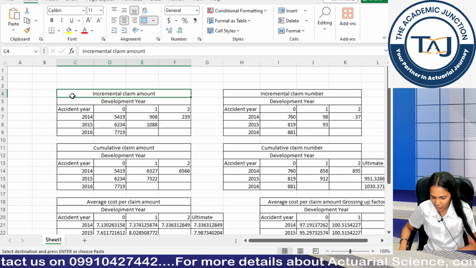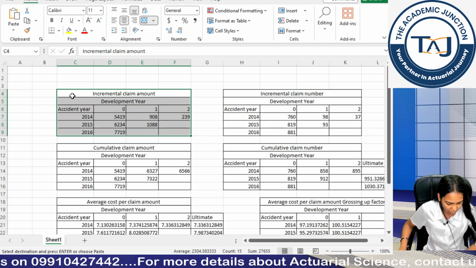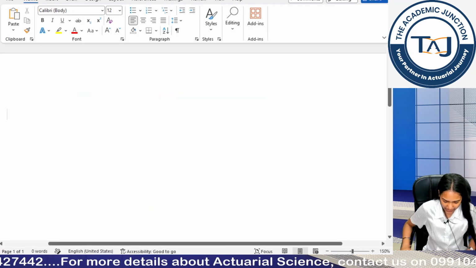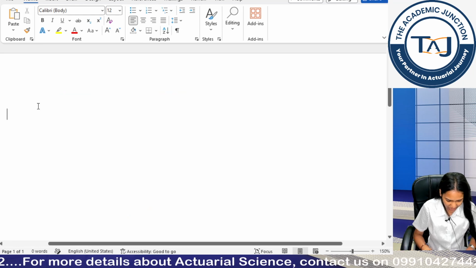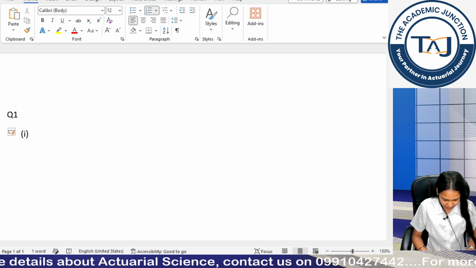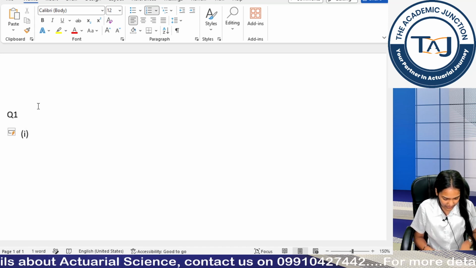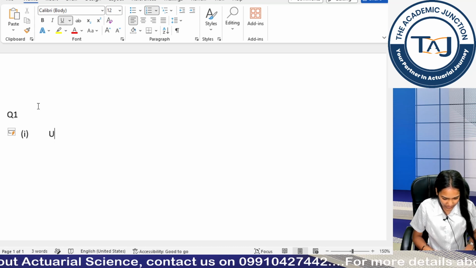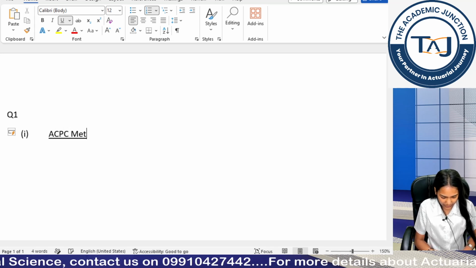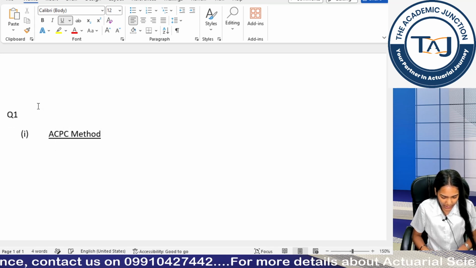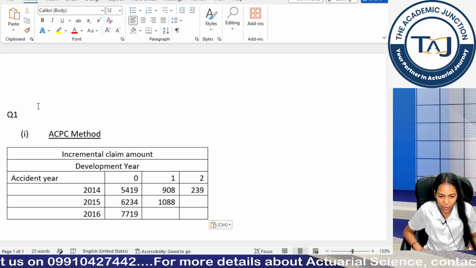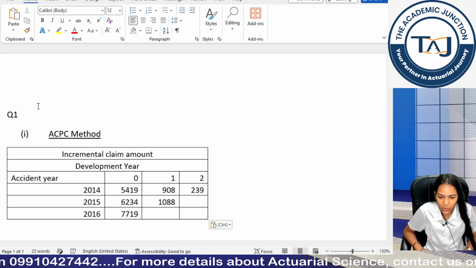For example, if I want to paste this table, I copy it, open my Word file, and write, for example, question 1, first part, ACPC method. Now I have to paste the table, so I simply press Control V.